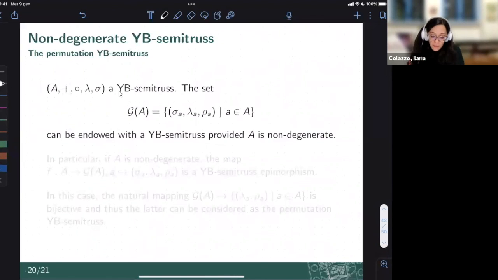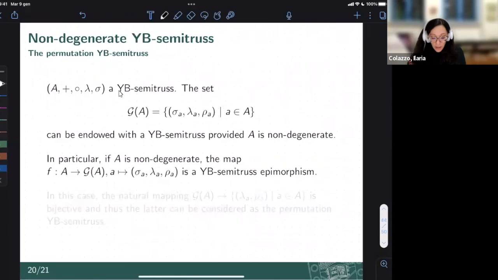So if we have a YB semi-truss, we can consider this set, and we can prove that we can define a sum, a circle operation, a lambda map and a sigma map in such a way that this structure has a YB semi-truss structure in the case in which our YB semi-truss is non-degenerate.